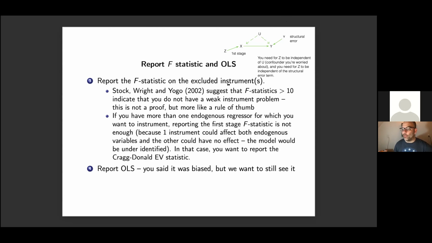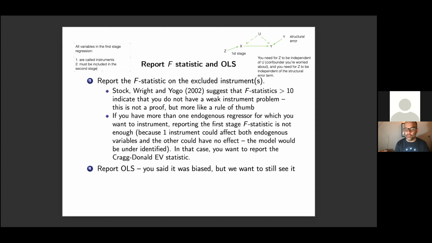Yeah, Melba, you're right about that language. What they typically say is that all variables in the first stage regression are called instruments and must be included in the second stage. All right.